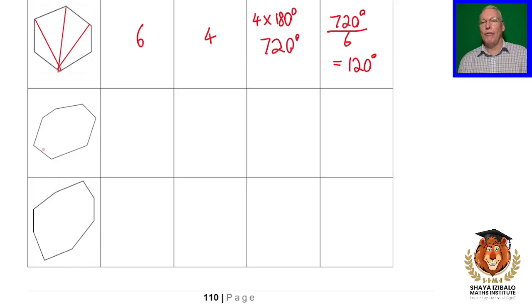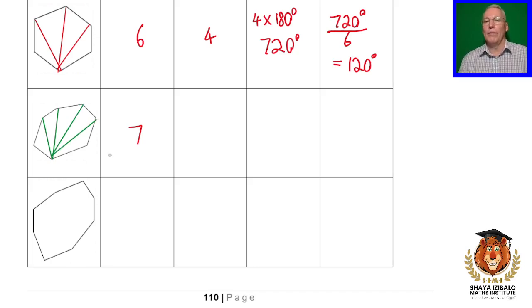What about a 7-sided shape? How many triangles can I form? Okay, I can form 1, 2. I can make a triangle to there. I can make a triangle to there. All right.